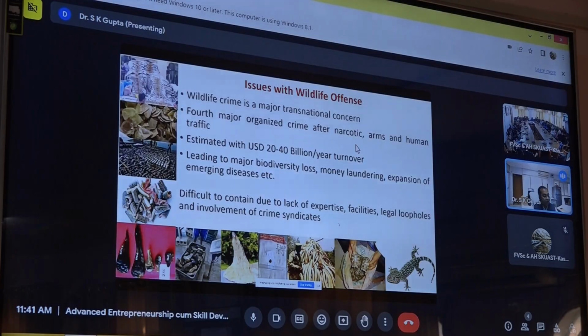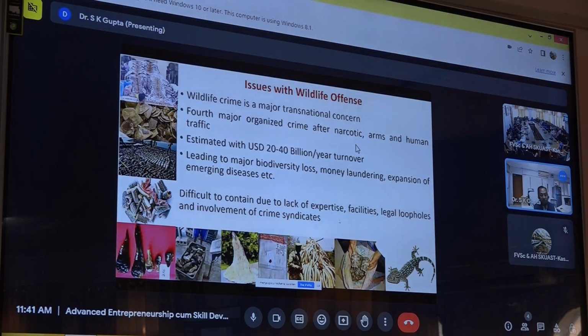So that is a challenge, and all the enforcement agencies across the world are looking to stop such illegal trade. And another thing is that there is very limited expertise available in the globe which can identify each and every wildlife object.